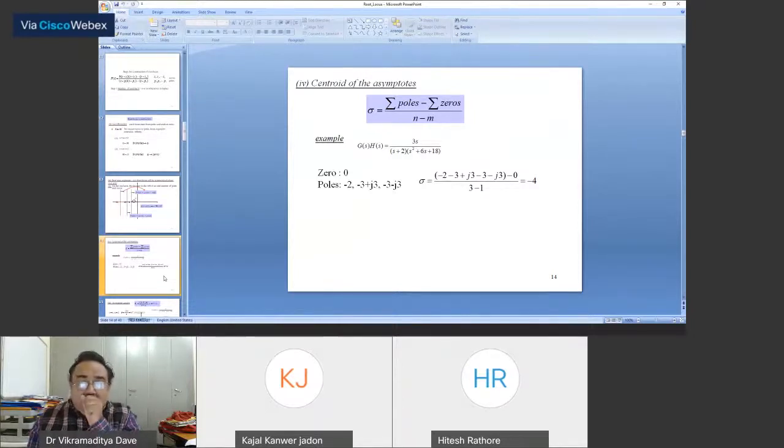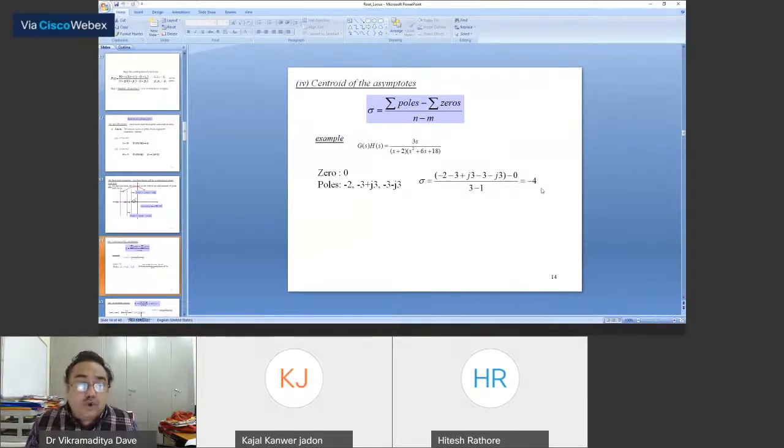So, for example, this is the open loop transfer function. The zero is at 0, a pole is at -2, and when you solve this quadratic equation, the other poles are -3 plus j3 and -3 minus j3. Now you sum all the poles, and it will come out to be -4.